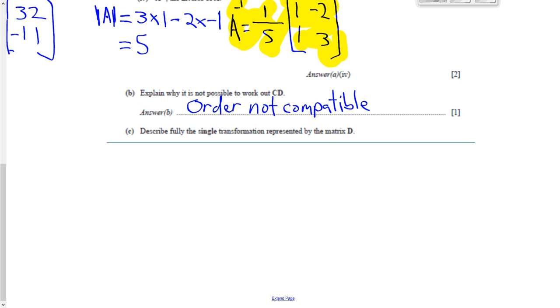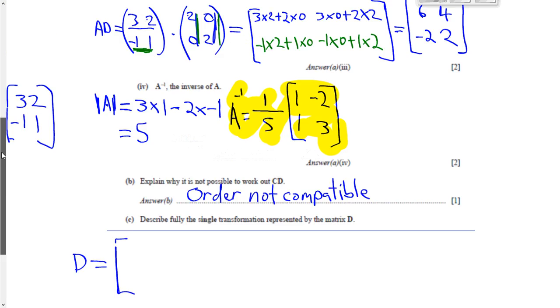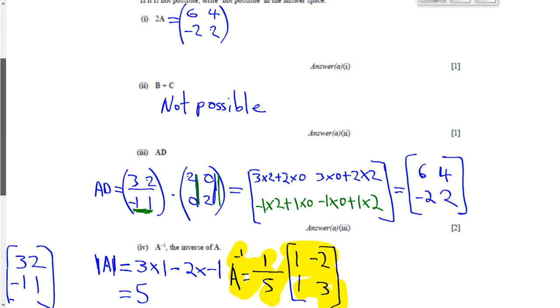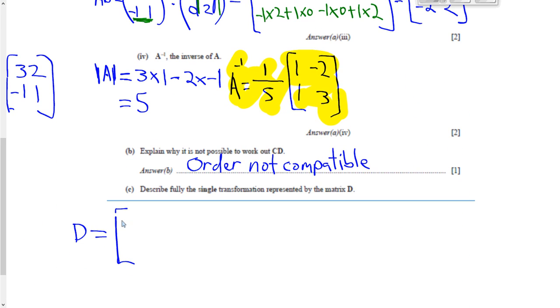Okay. Describe fully the single transformation represented by the matrix D. Okay, so matrix D is this. Let me just double check here what order we are. Here is 2 0 2 0. 2 0, 0 2.